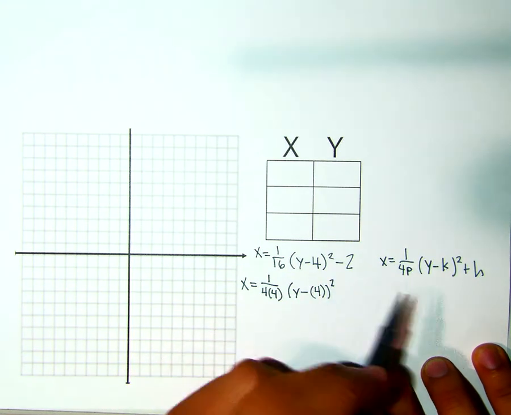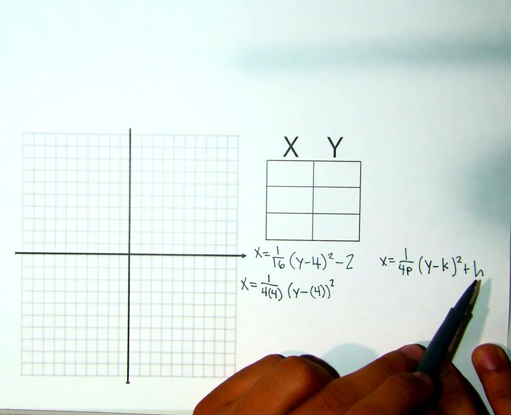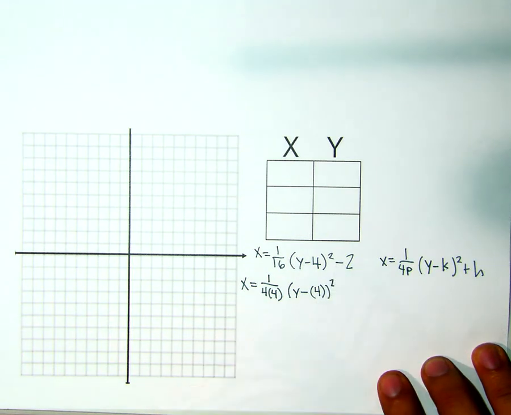And now the last part, we want plus h. How do we make this plus h? What's another way to subtract? We can add what? Yes, very good. We can add a negative.